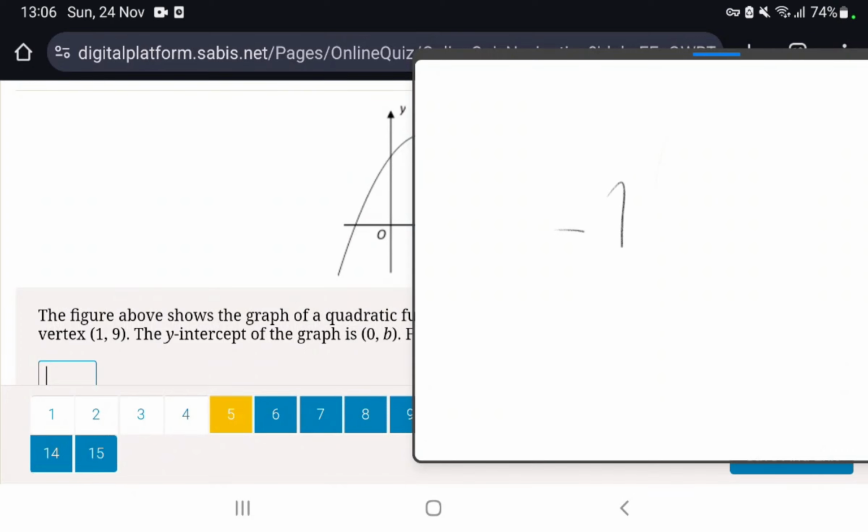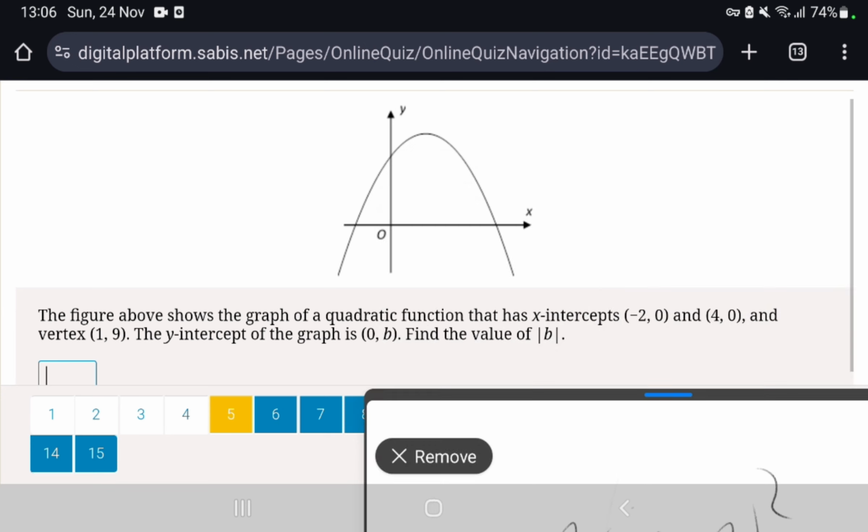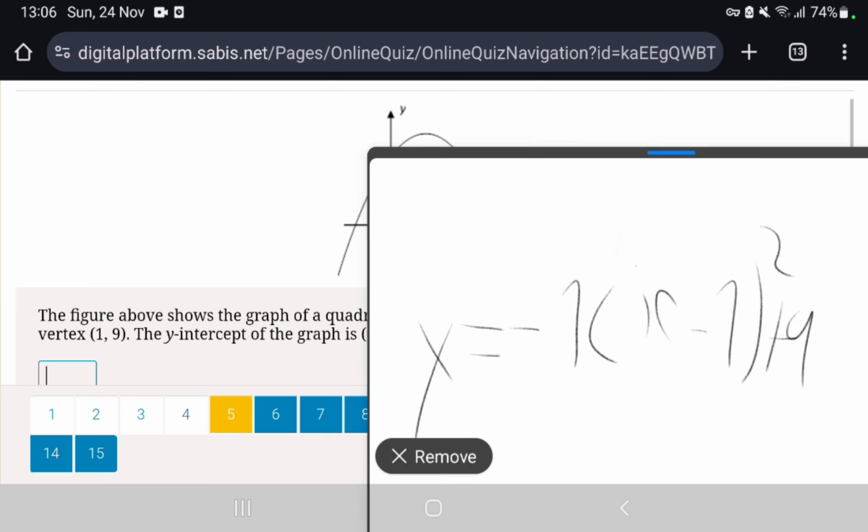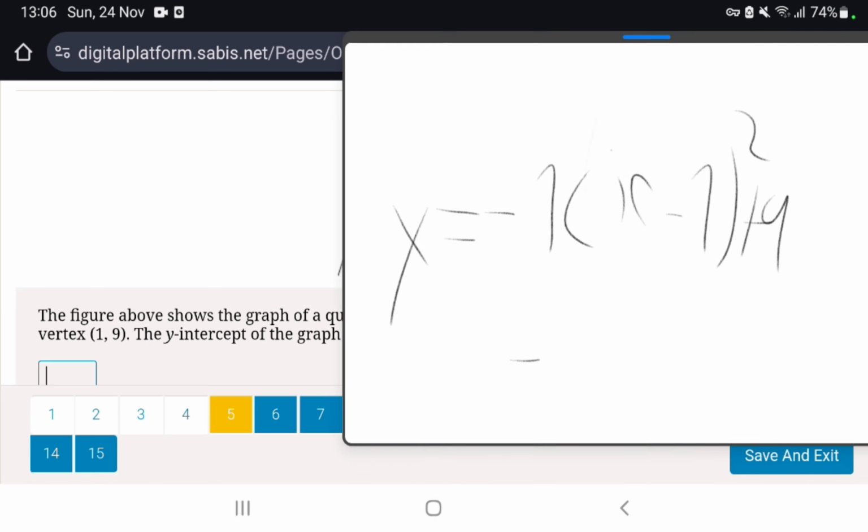So it's -1 times x minus 1 squared plus 9 equals y. In this case, we need to find y if x is equal to 0. So we do -1 times 0 minus 1 squared plus 9, which will give us 8.